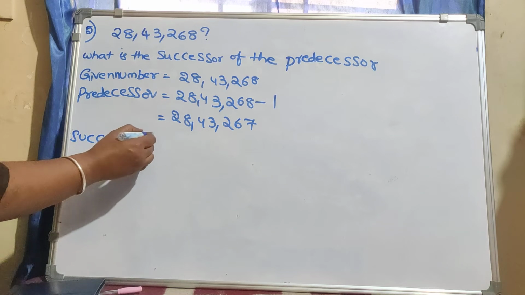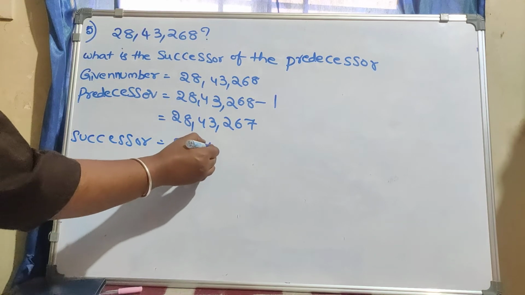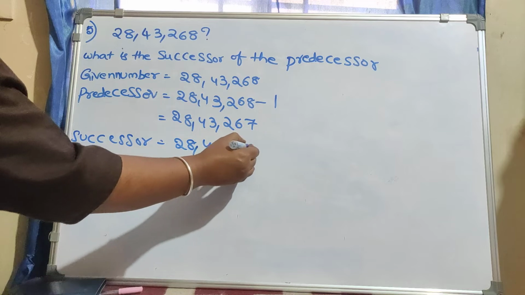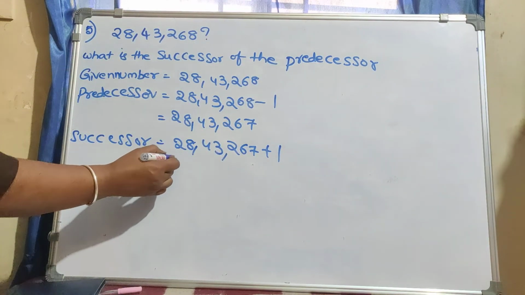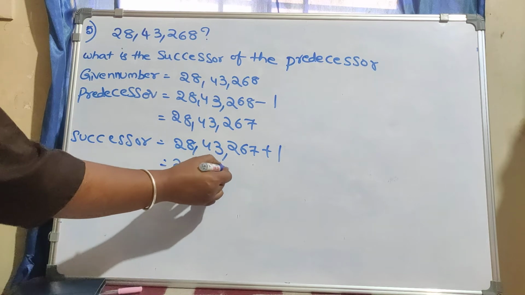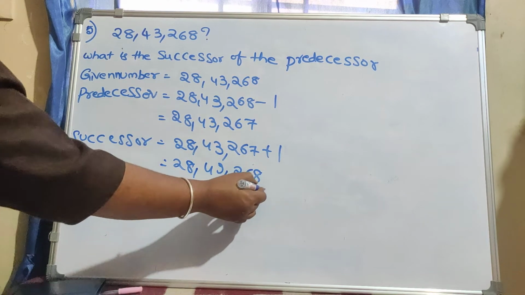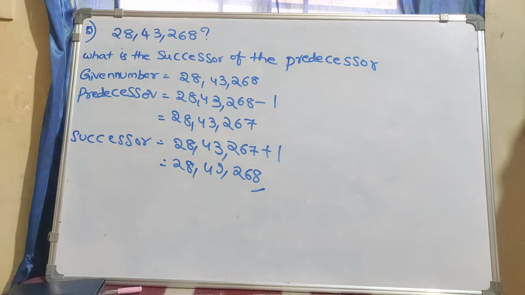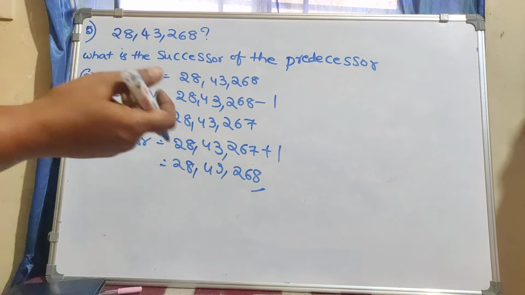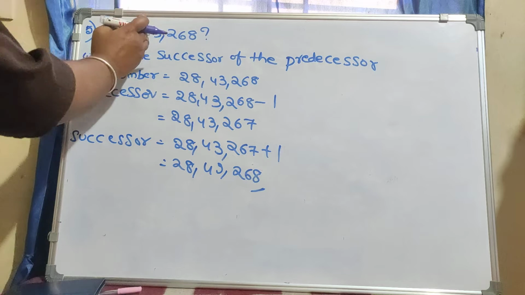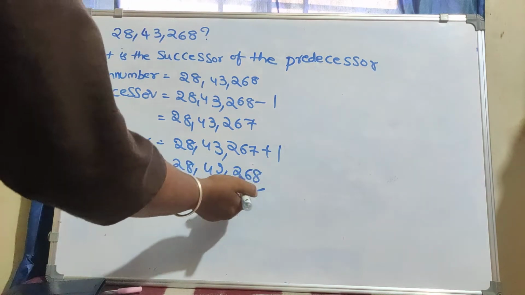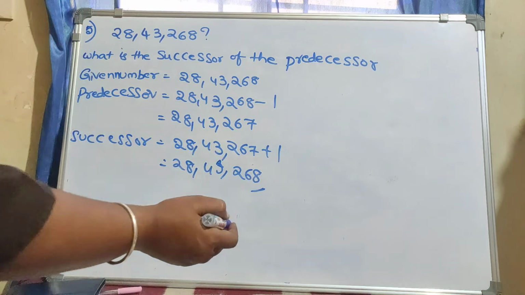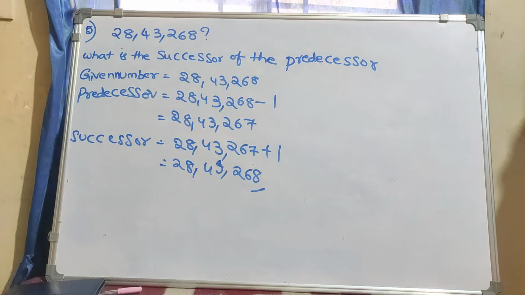The same number. 28,43,267 plus 1, which is the given number itself, 28,43,268. Right? The successor of the predecessor of 28,43,268 is 28,43,268 itself. Now moving on to the sixth question.